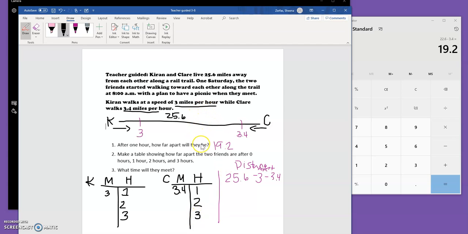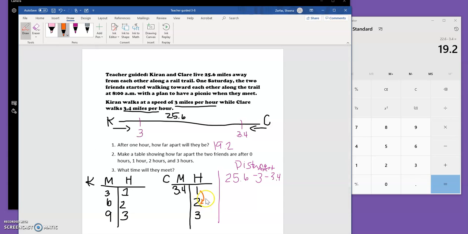Remember, our table shows equivalent rates. So in 1 hour, if Kieran went 3 miles, for 2 hours that's multiplying by 2. So 3 times 2 means she traveled 6 miles. And then again, if she's going 3 hours, 1 times 3 is 3 hours, so 3 times 3 would give you 9. Following that same process, I'll do these in a different color for this table.